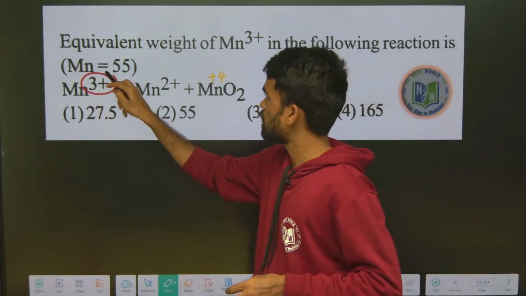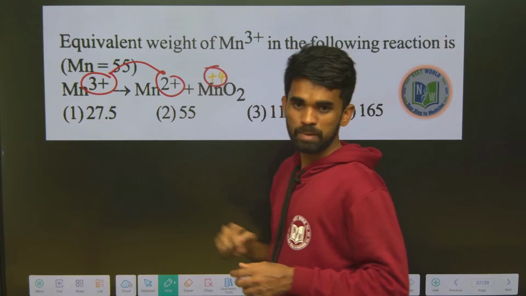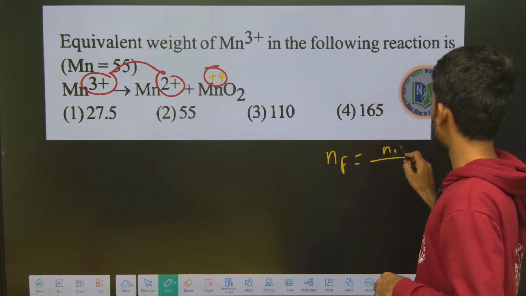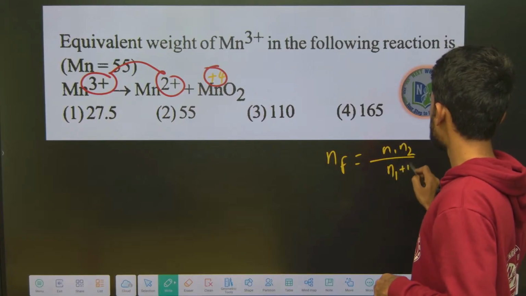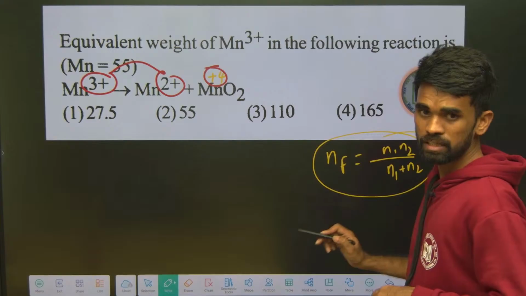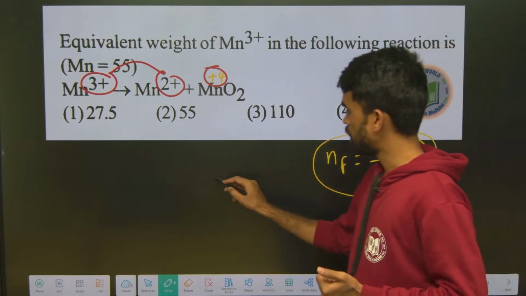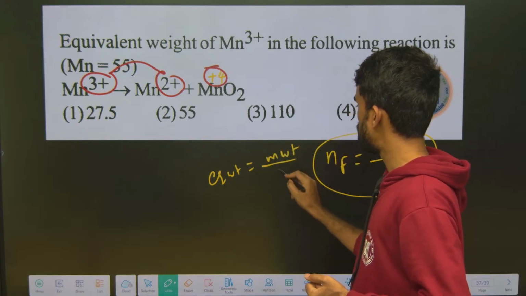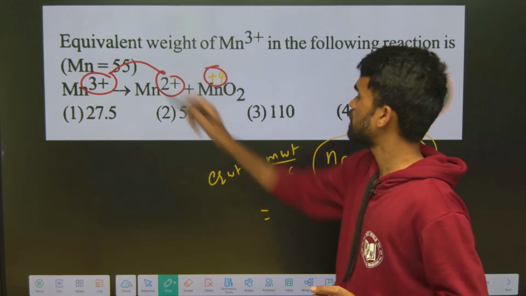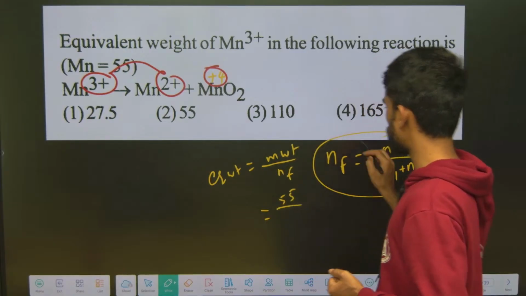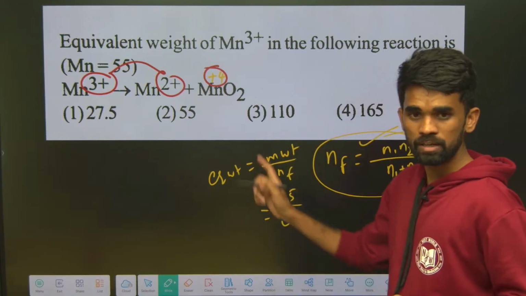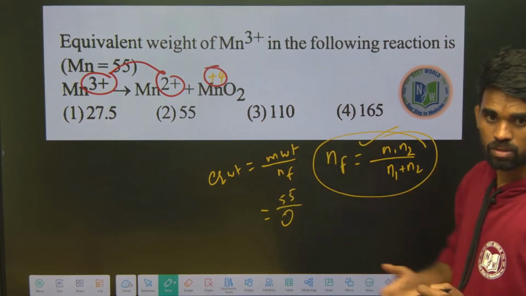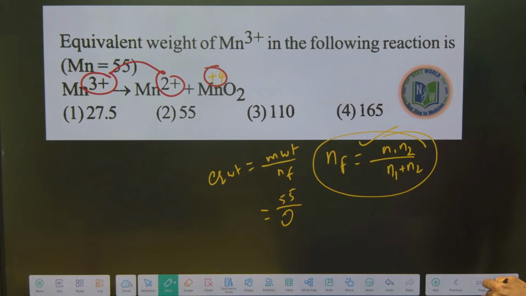Disproportionation: plus 3 converting into plus 2 and plus 4. How to find the n factor? Just now I told you, use N1 N2 by N1 plus N2. After getting the n factor, equivalent weight equals molecular weight divided by n factor. The molecular weight given is 55. Put the n factor in the denominator and you will get the answer. Okay, 4 by 5, check here.